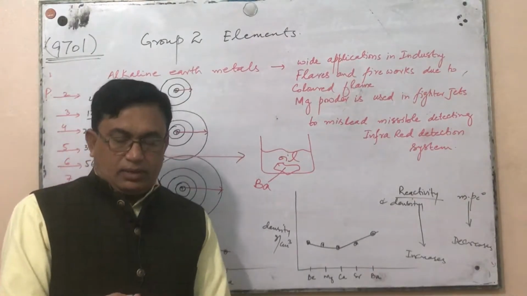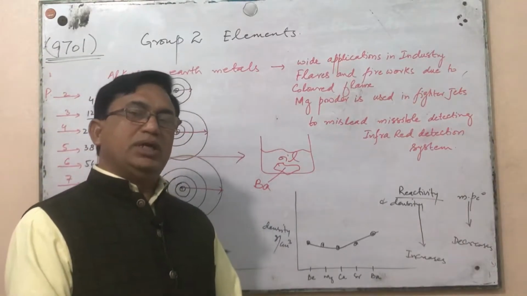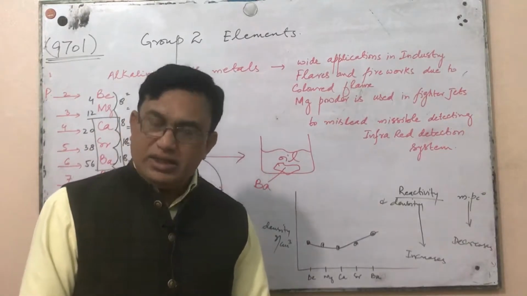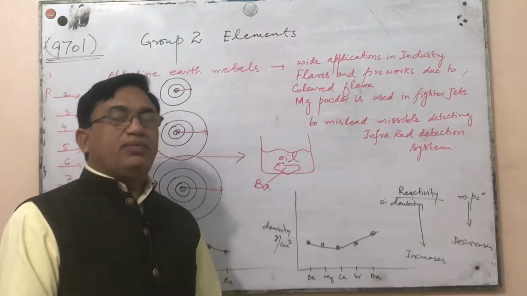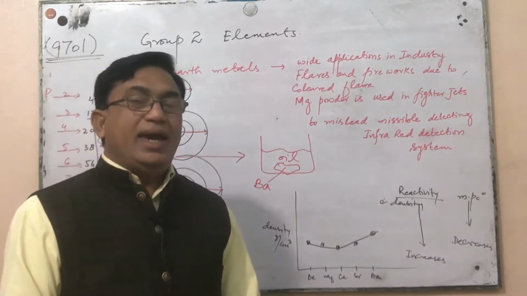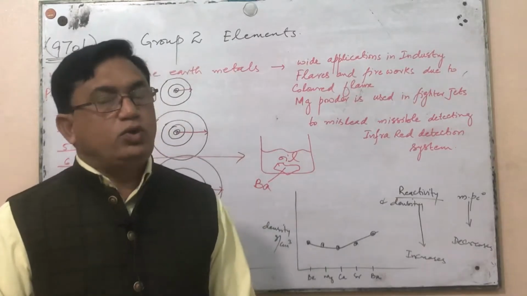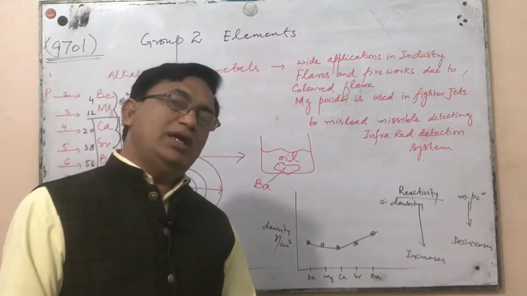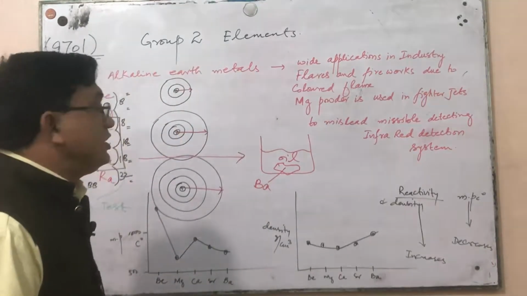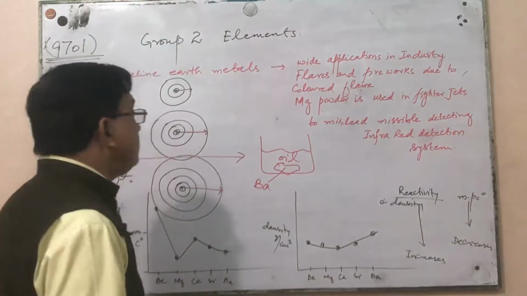These are all the preliminary information. Number one, the atomic size of group 2 elements increases down the group. Radius increases as they lose 2 electrons from the last s subshell. That's why all of them get a positive 2 charge. This is their valency and their oxidation state, and this oxidation state is fixed. It is not changed.